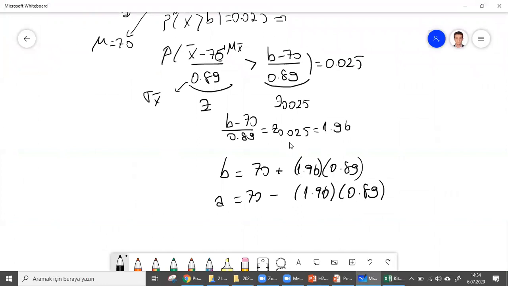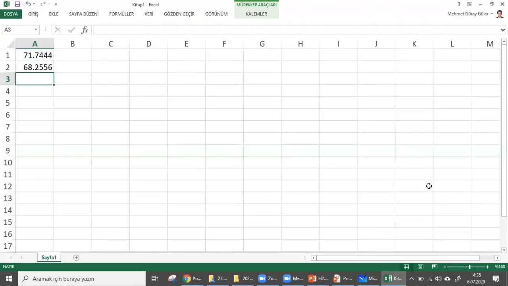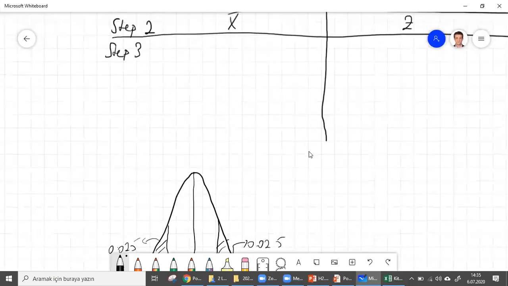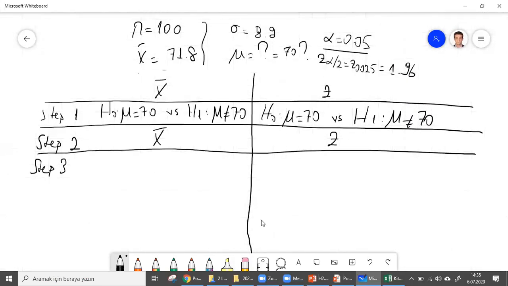So this is 71, sorry, just take this, okay. This is almost 71.75, and this is equal to 68.25, right? Is that true? Yes, that's great. Okay, this is how we just proceed.